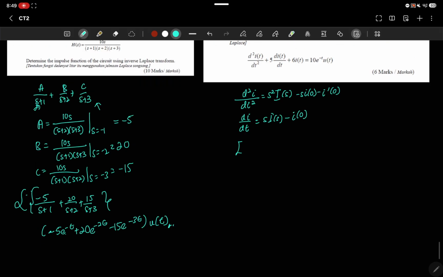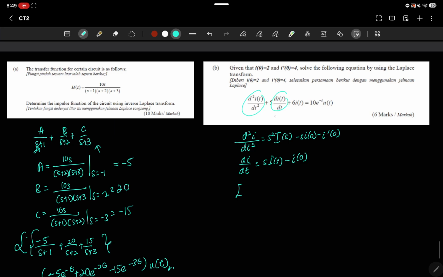Now we write this expression in the expanded form. So it is now in the expanded form, and if you do the transform, you will get this.